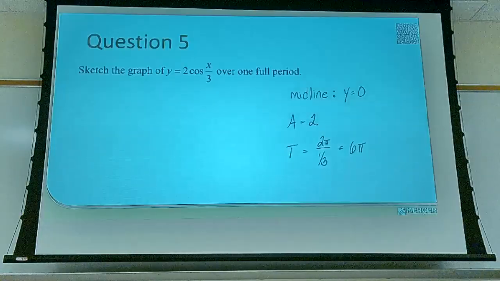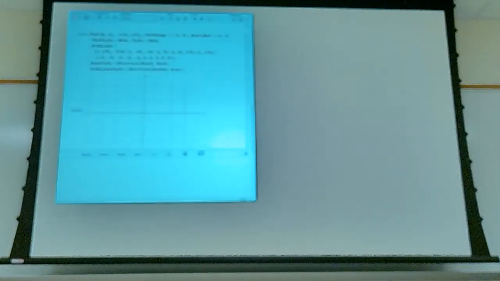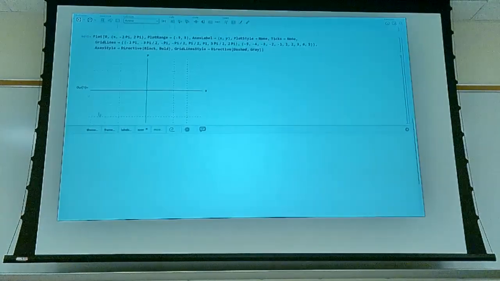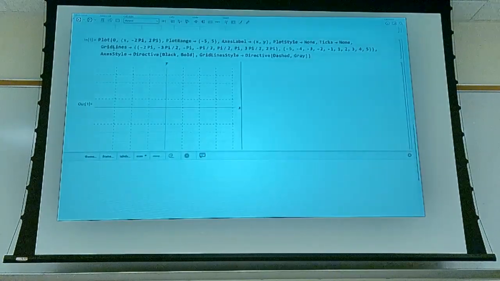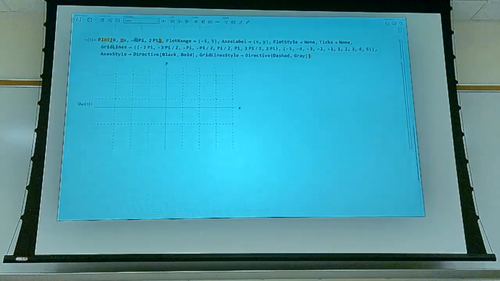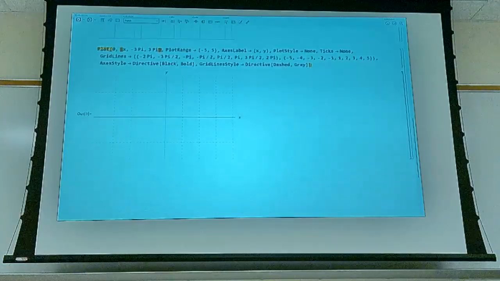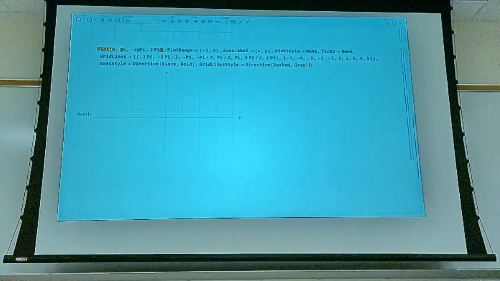I think I will show this all, just for those who are interested. It's going to plot over minus 3 pi to 2 pi. So I'm going to add two things here. I actually want to change that.